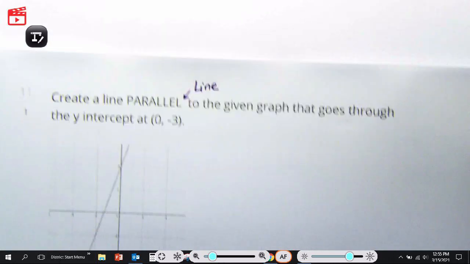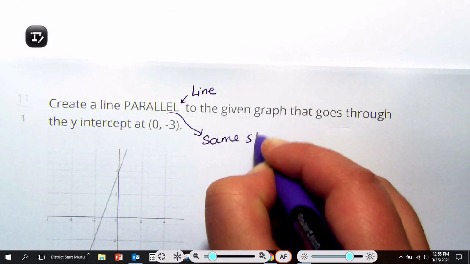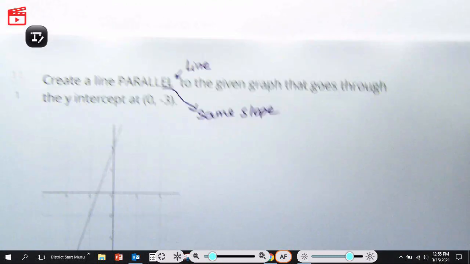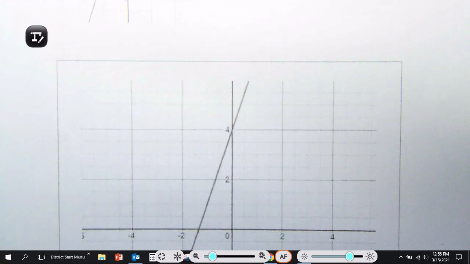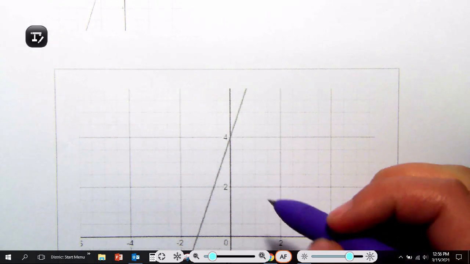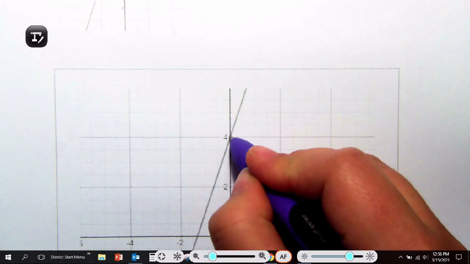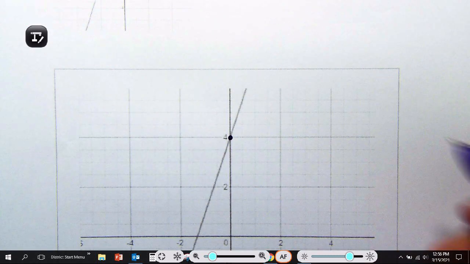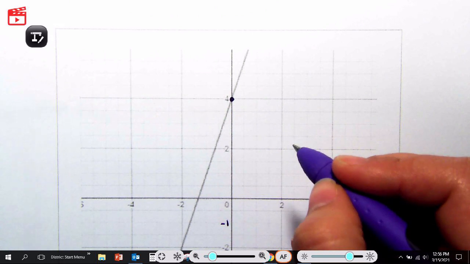Remember, parallel means same slope. So let's find the slope of the given line so that we can use it. This is kind of a cheater way of doing it. So I'm going to find a pretty point. I know this is a pretty point right here because it's on the intercept. And then let's see if we can find another pretty point.